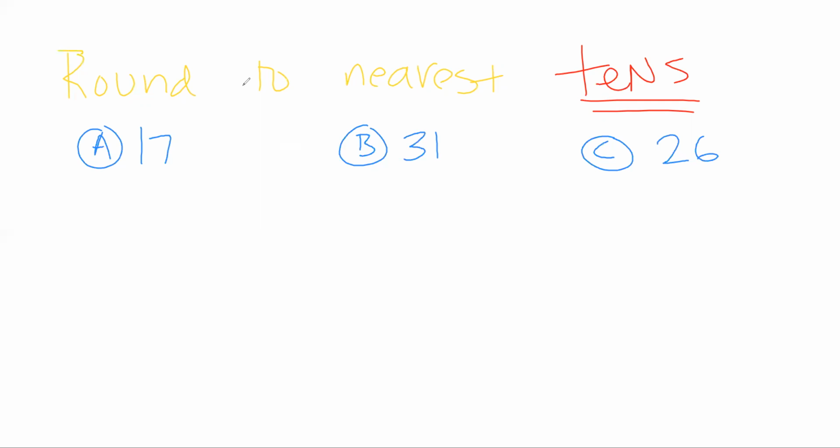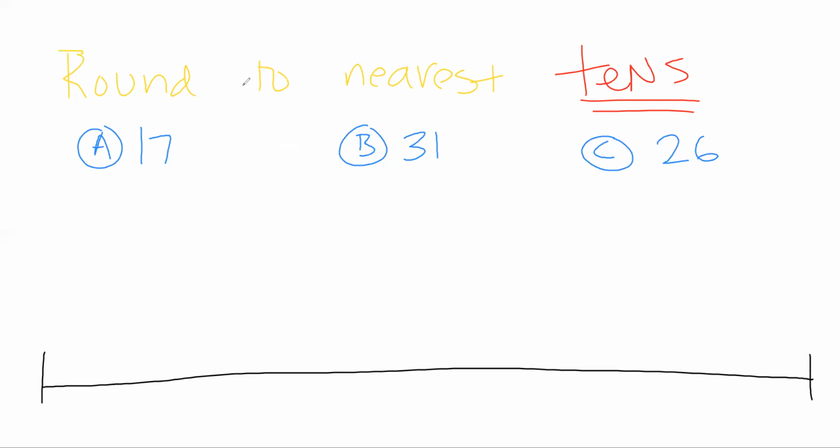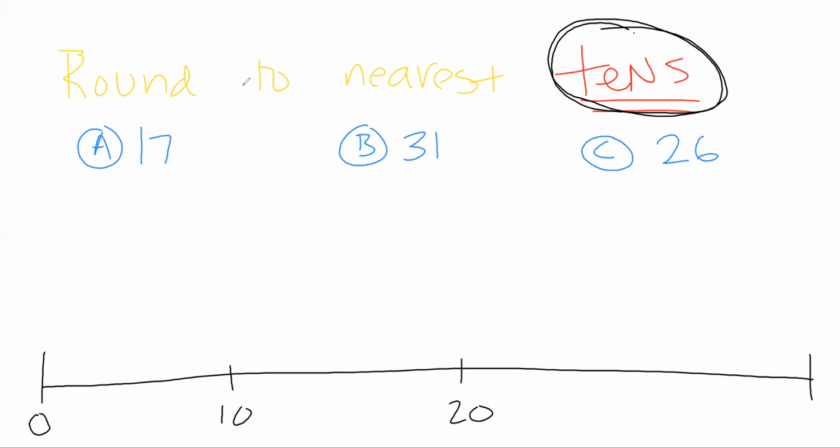A number line is one of our greatest gifts to help us see that. In this case, remember, we're dealing with tens, so when I build my number line, I'm going to build it in increments of 10. Here's 0, and then 10, 20, 30, and then 40, roughly. Between these, there are all these other little numbers, the ones.